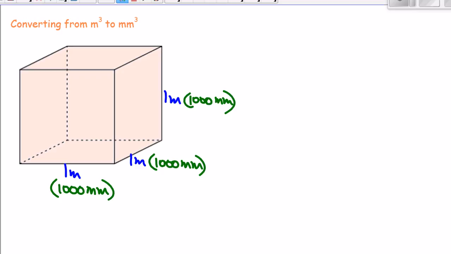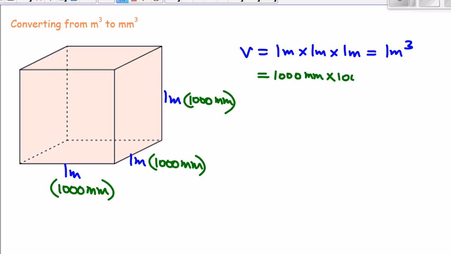So the volume of this shape in terms of meters will be 1 meter by 1 meter by 1 meter, which will be 1 meter cubed. But in terms of millimeters, it will be 1,000 millimeters multiplied by 1,000 millimeters multiplied by 1,000 millimeters, and that will give us 1 billion millimeters cubed.